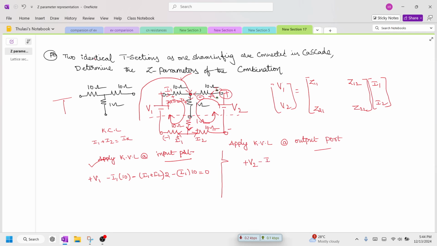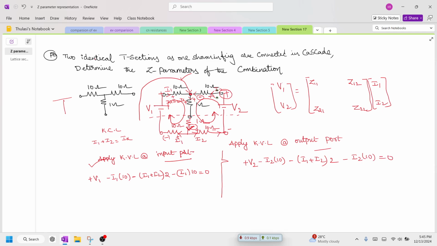So minus I2 into 10, and here it is flowing like this, and wherever it is entering is positive, leaving is negative, so minus (I1 plus I2) into 2 ohms. Okay, so the total current which is flowing in this branch is I1 plus I2 into 2, and in this branch this is nothing but minus I2 into 10 is equal to 0.